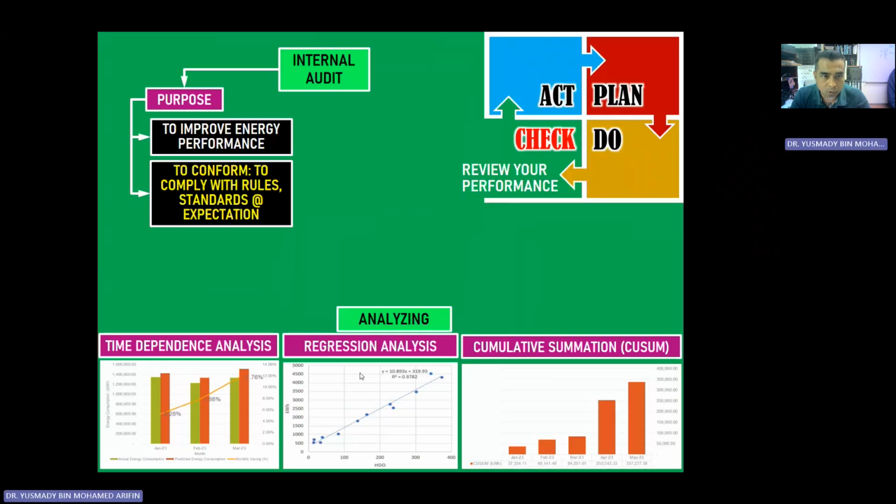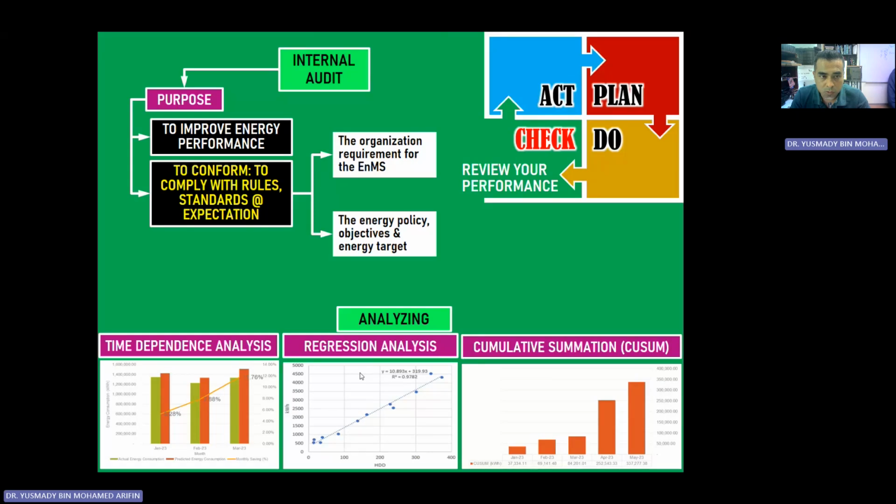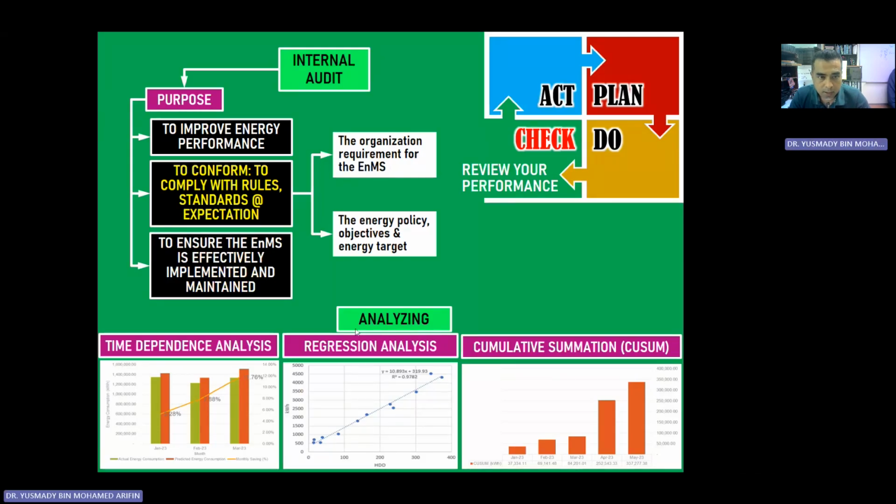So confirm means to comply with rules, standards, and expectations, such as the organization requirement for the energy management system, and also to make sure that the organization complies with the energy policy, objective, and energy target. And the last one, to make sure that the energy management system is effectively implemented and maintained. So these are the purposes of the internal audit.